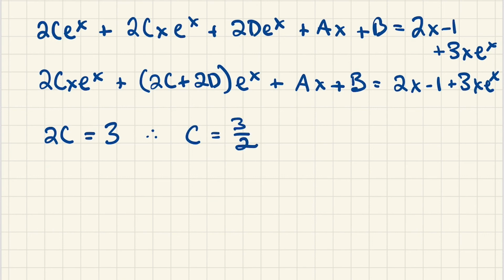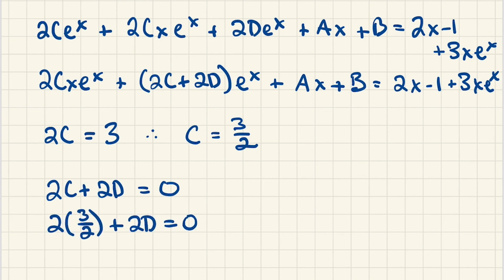We can see that the coefficient of e to the x on the left, which is 2c plus 2d, must match the coefficient of e to the x on the right. But there is no e to the x term on the right. So 2c plus 2d must equal 0. Okay, but we know what c is. C is 3/2, so this is that. And looks like we're going to get d is equal to negative 3/2.